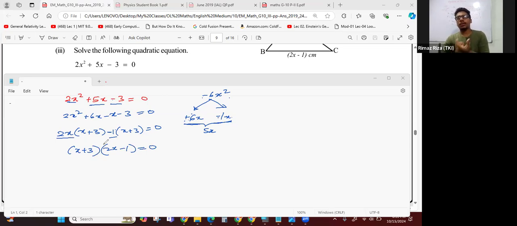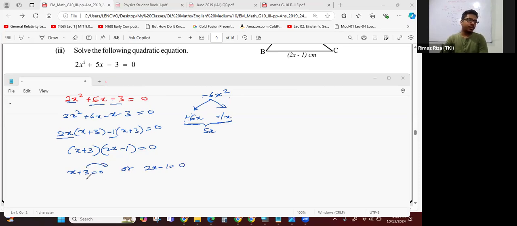So two products multiply to give 0. So therefore either this one has to be 0 or this one has to be 0 or both can be 0. Okay, I shall explain that. Give me a second. So here we can write x plus 3 equal to 0 or 2x minus 1 equal to 0.